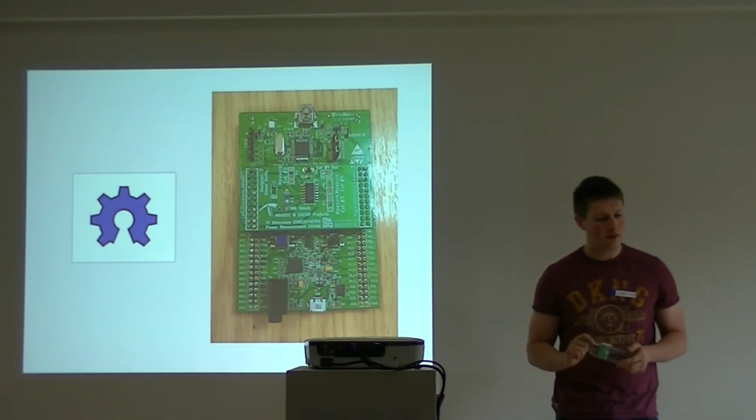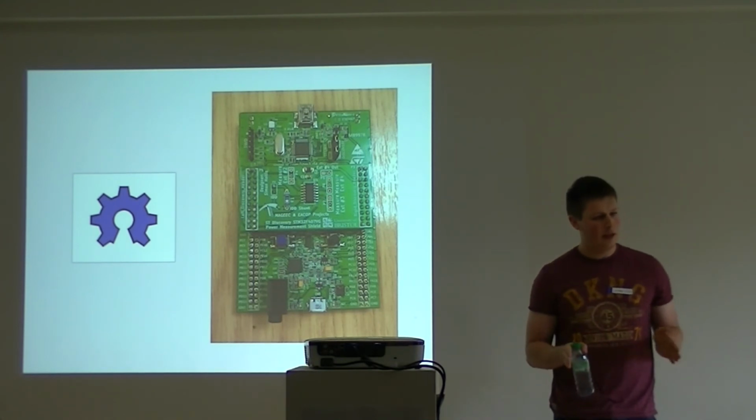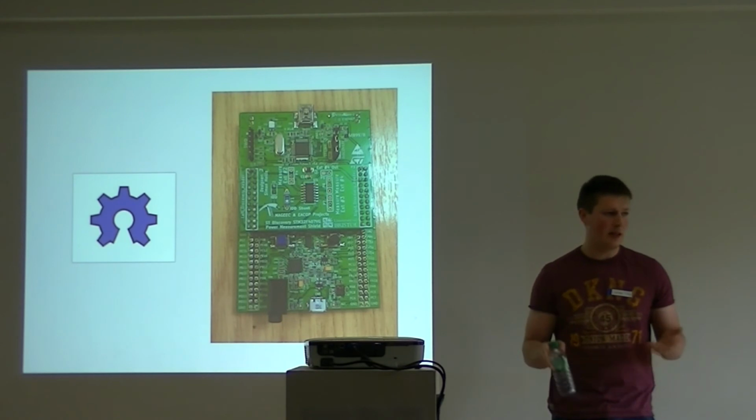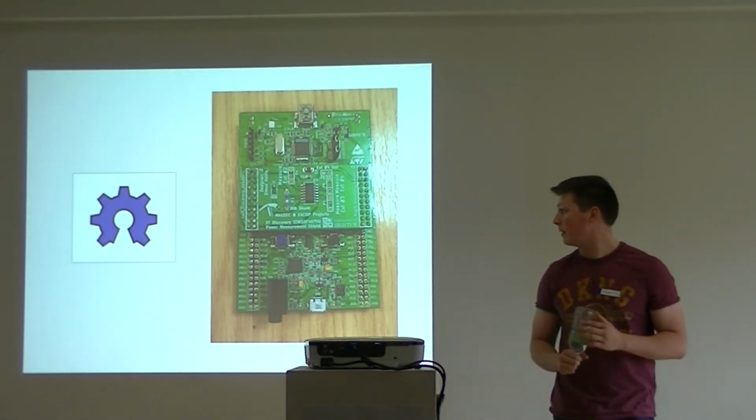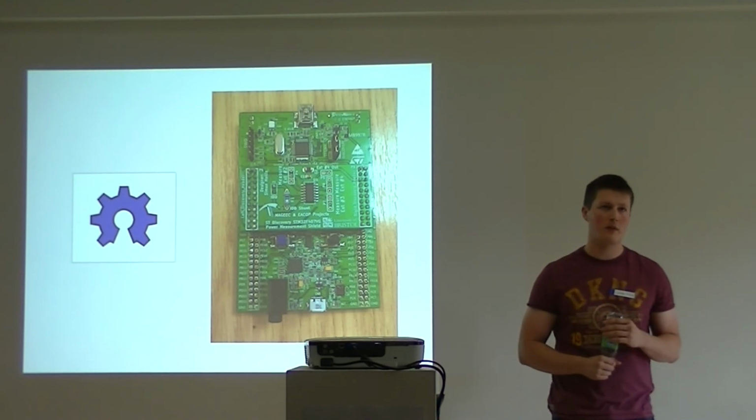Higher value shunt resistors mean you can get a certain range, but then you get a larger voltage drop. Currently, with the board we've got here, we can measure down to about a 10 microamp resolution, and then that goes up to about 50 milliamps.